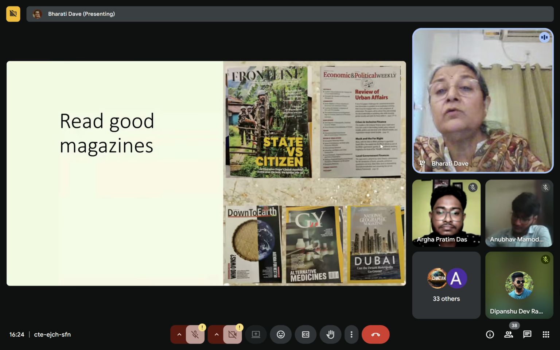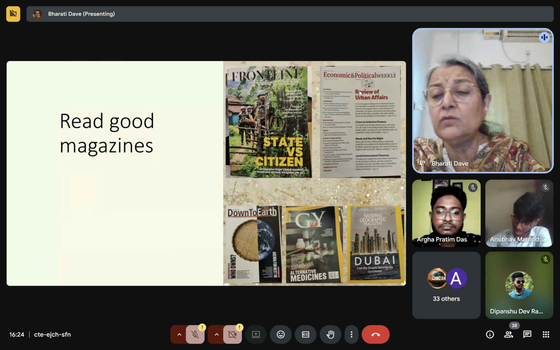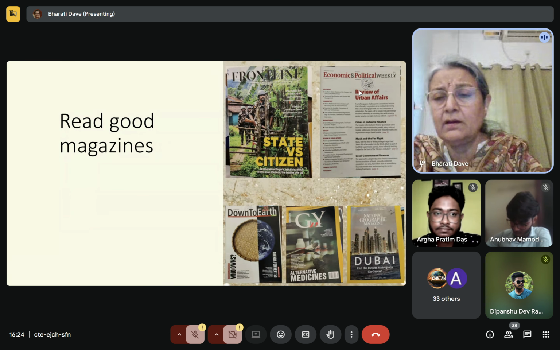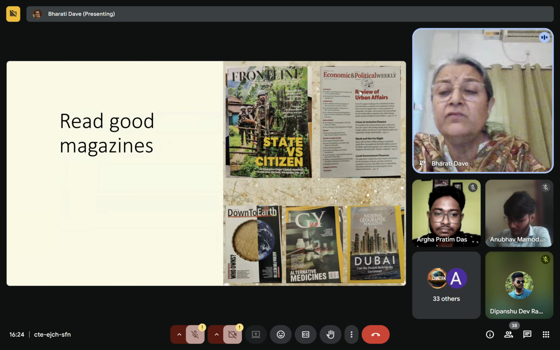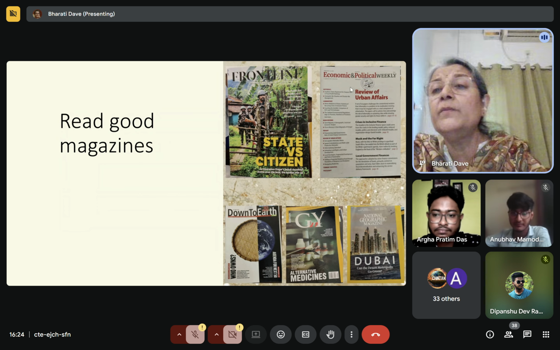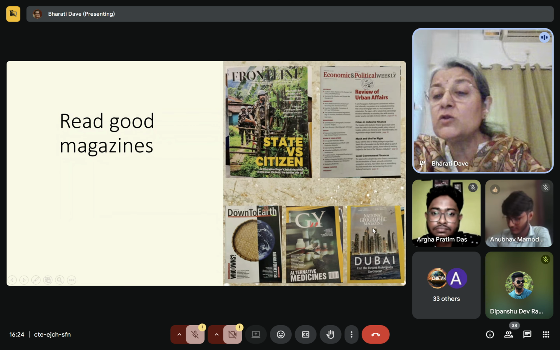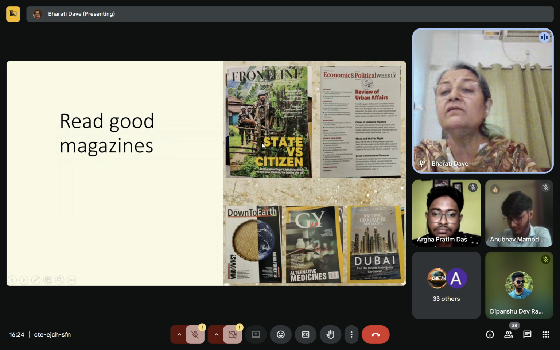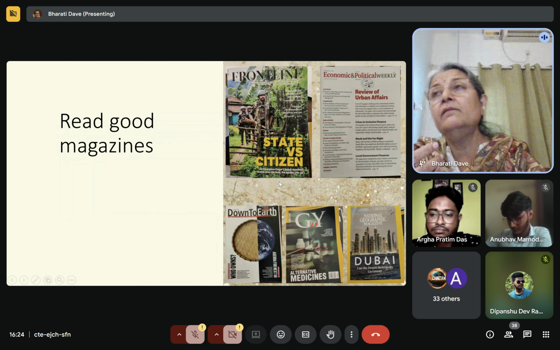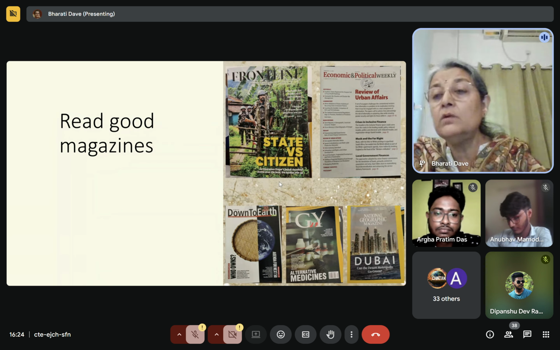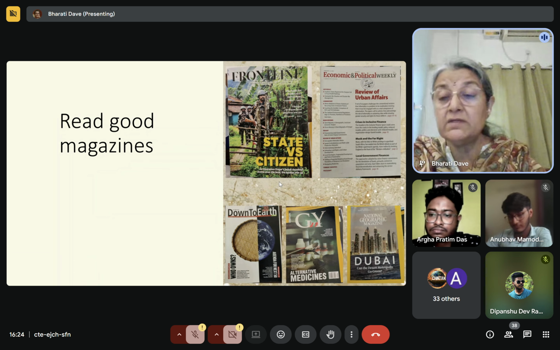I'm sure these magazines are in every library, and there must be other very nice magazines too. From my Kamala Nehru library, I thought these five were the most relevant. I'm sure you must have all seen them: Frontline, Economic and Political Weekly, Down to Earth, Geography and You, National Geographic Magazine. They are very current, and also very related to environment and all the geography topics we read.